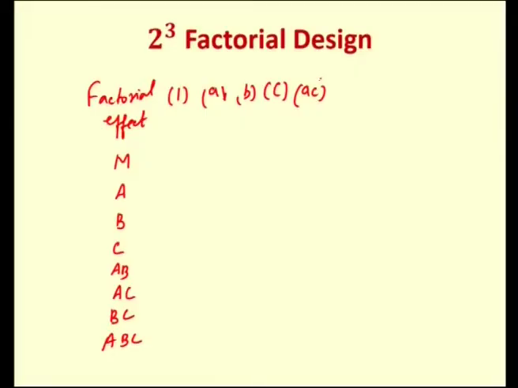The entire analysis of the 2 power 3 factorial design can be summarized in the form of a table called the ANOVA table, and we have now the ANOVA table. As in the other designs, in the case of 2 power 3 factorial designs, the ANOVA table will consist of 5 columns.